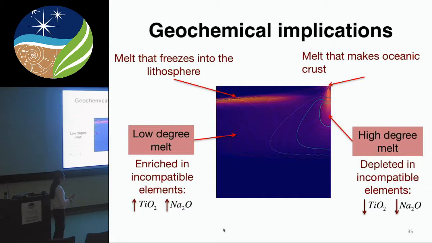But of course, there's also crustal formation that I'm not taking into account. Away from the ridge axis, you have low degree melts, so anything that's off-axis melt that comes out, you expect it to have this signature of being enriched in incompatible elements.